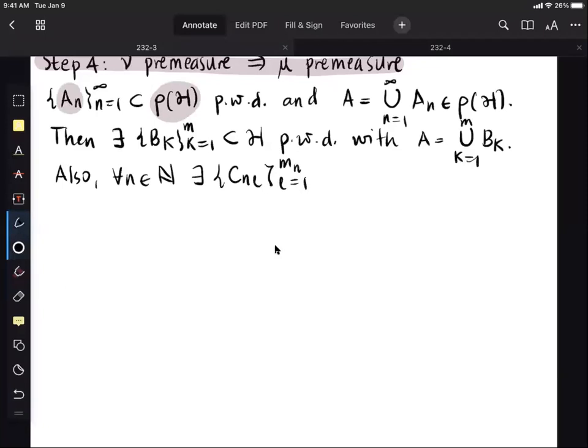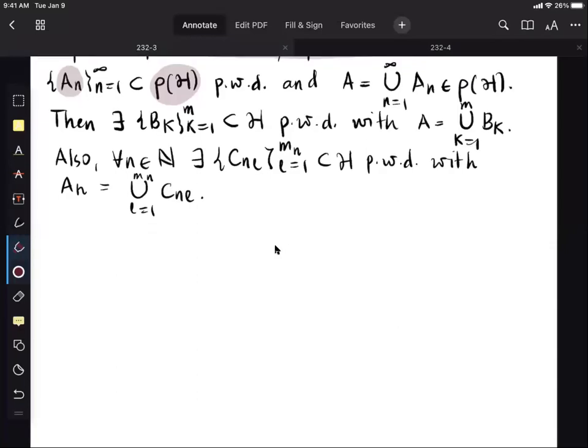A different index might need a different number of pairwise disjoint sets. And in this case, we could also write A sub n to be the union of these C sub n l. So here we now have a double index. n here corresponds to the index of A, and then l here corresponds to the index of the elements of the partition.